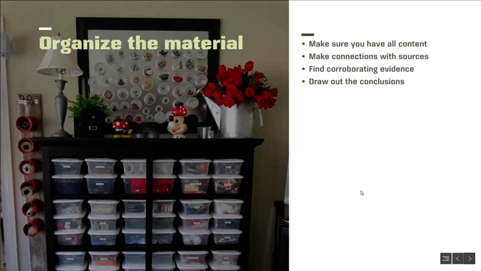You want to make the connections with the sources. That's what I mentioned with the readings that were done. Find the corroborating evidence. That's the pieces of information from two different sources that kind of agree on this.